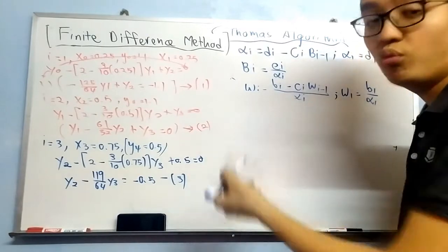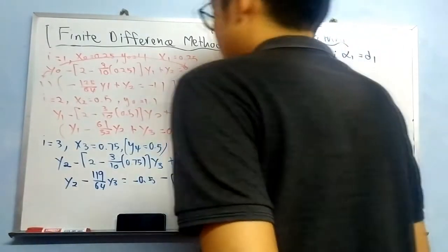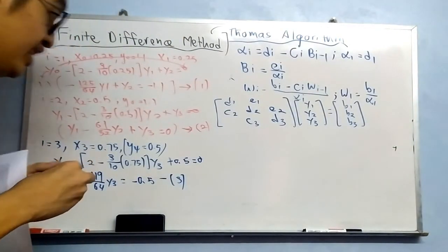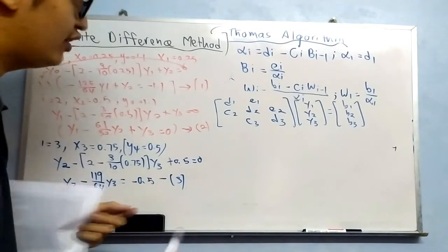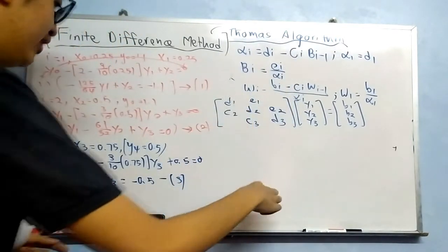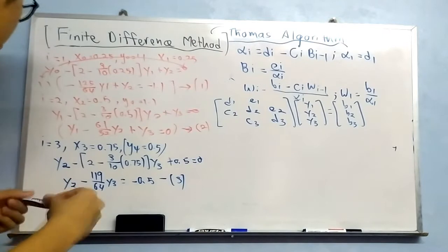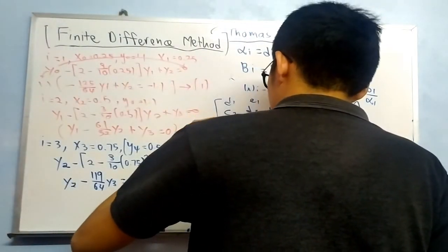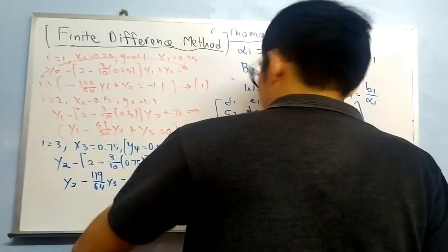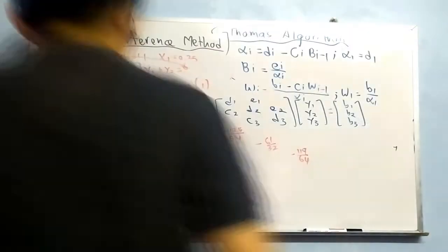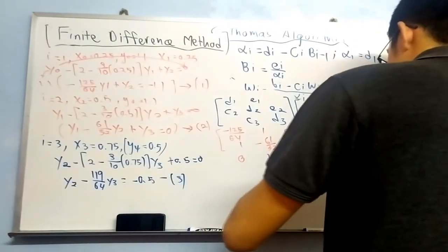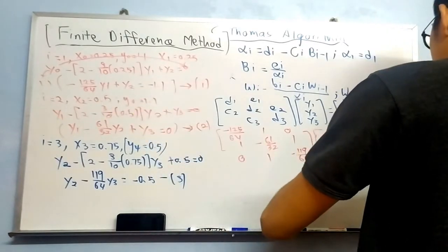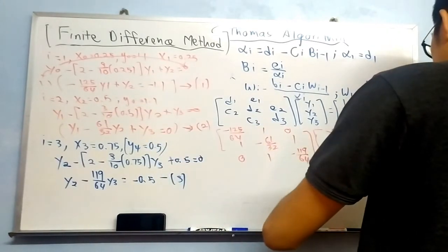Later on, we are going to convert into matrix form. So what is the general formula? Okay, from here there is C, D and E. Why do we need C, D and E? Later we are going to apply them in the Thomas algorithm. So D. B is the constant value: negative 1.1, 0, negative 0.5.